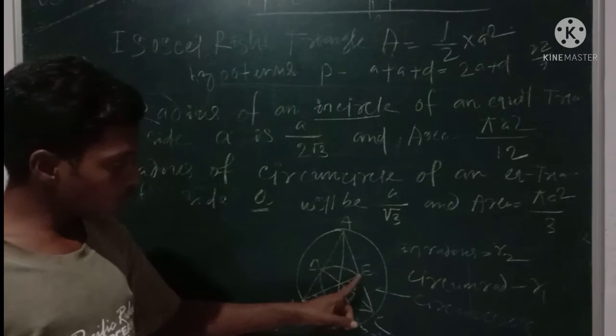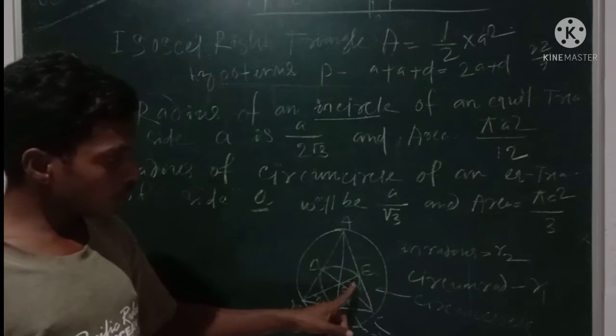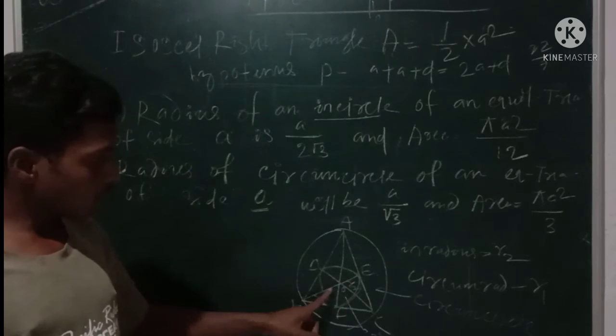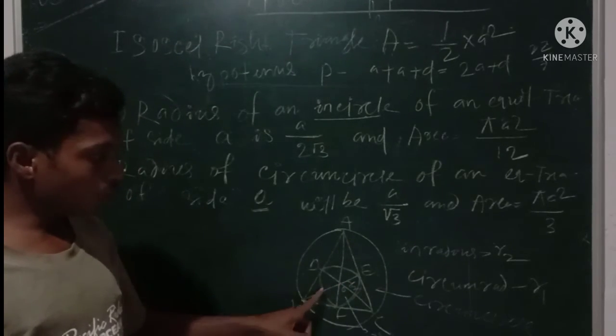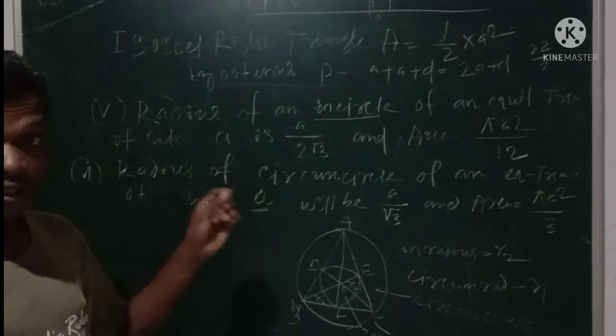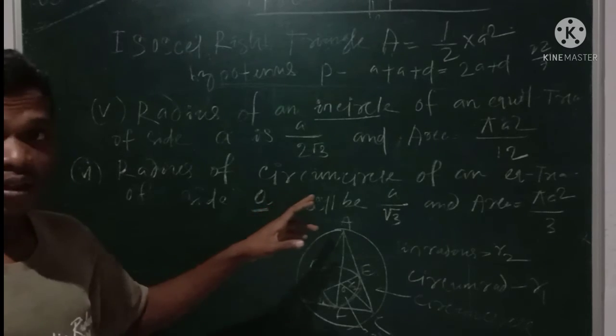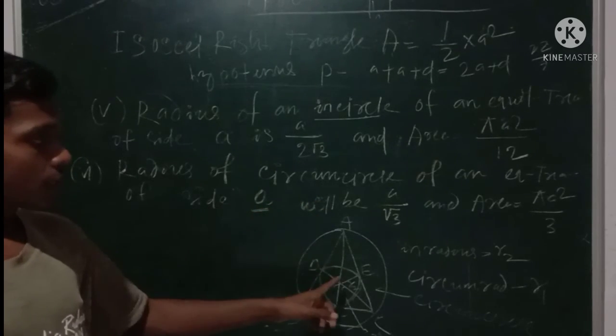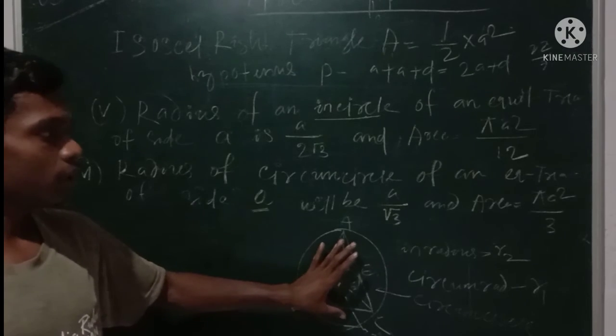Here O to E we call the in-radius and O to A we call the circumradius. All of you understand? I hope. How do you find the radius and area in this case?